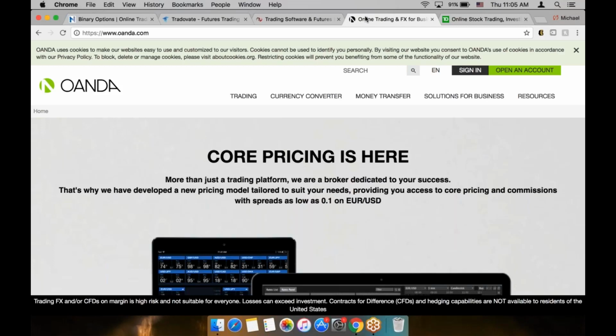The swap fee is going to be interest variable based off of your position size, and it could either be paid to you if it's positive interest, or if they're taking interest, then you would pay them. If you're trading a standard lot, it could be up to around $5 to $15. If you're trading smaller than that, it's fairly negligible if you're trading longer time frames.